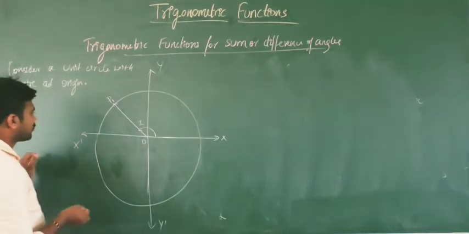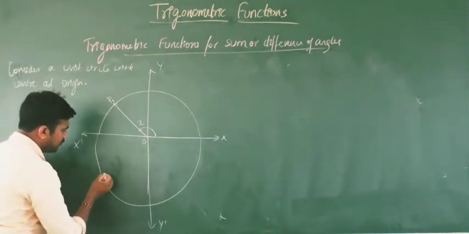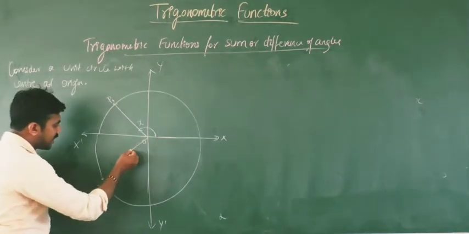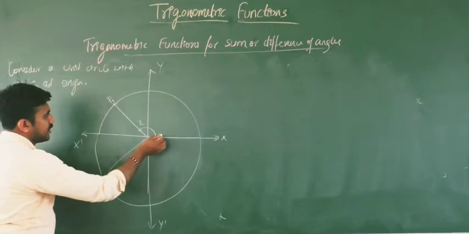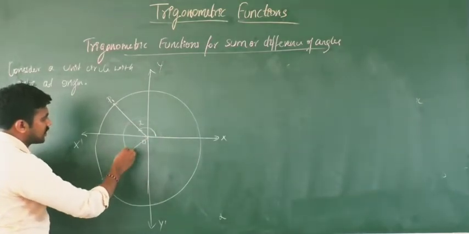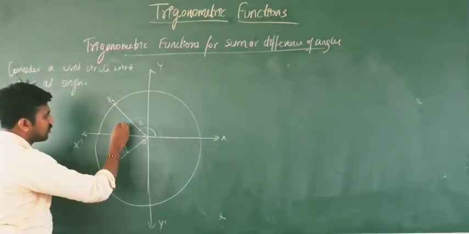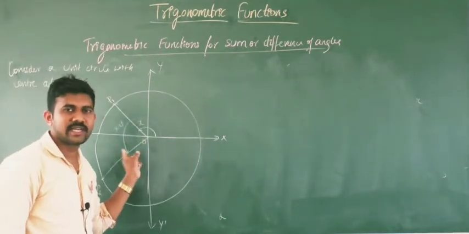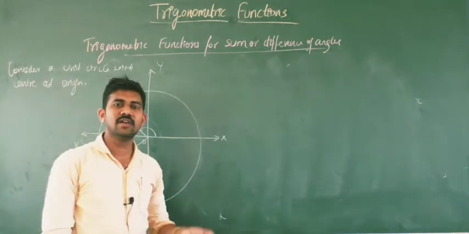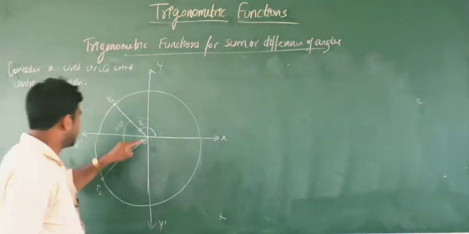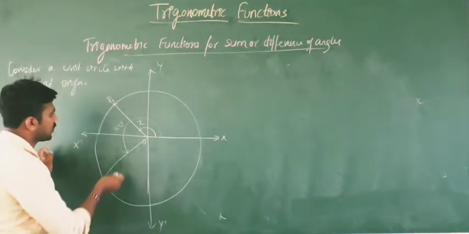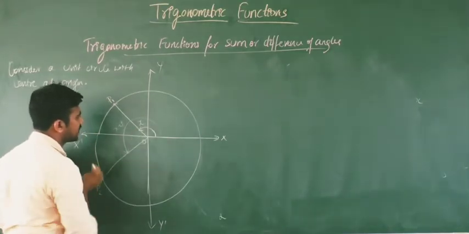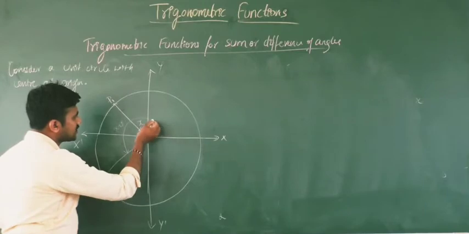Similarly, another point I'll consider P2 on the circle with the central angle x plus y. Central angle means it is measured from the positive direction of the x-axis, either anti-clockwise or clockwise. Here this angle you have x, and the total angle is x plus y.